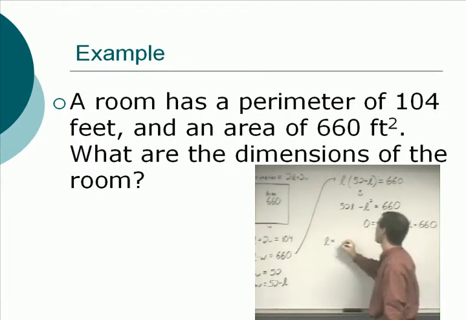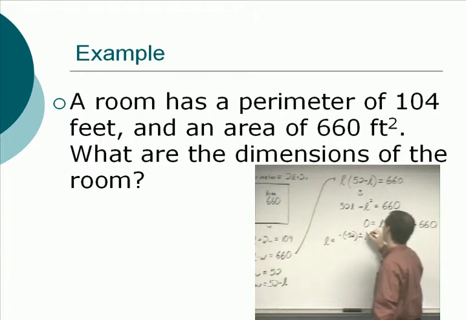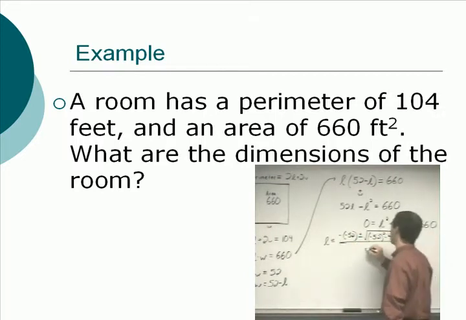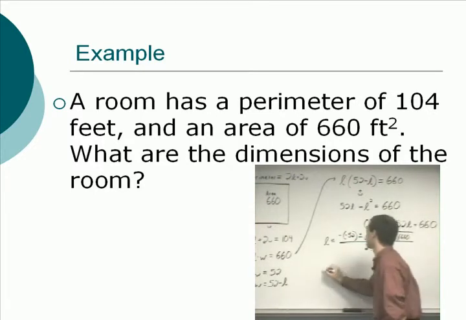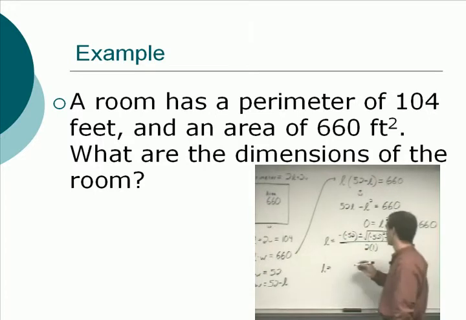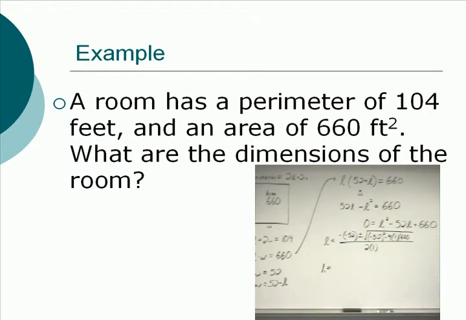We know that L equals negative b plus or minus the square root of b squared minus 4ac. To work that out, you're going to get two solutions for L.